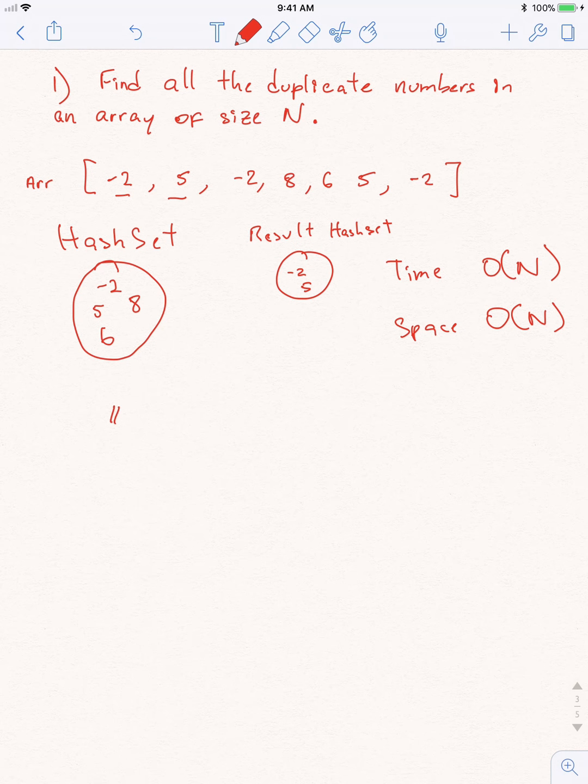So the first thing we want to do is to go through the array and then find if it's in the hash set. So if the number is in the hash set, then we want to add it to our result.